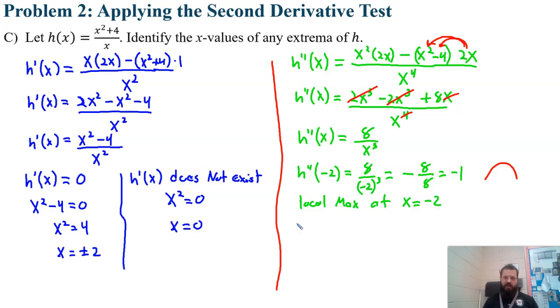And then we can do the same thing with h double prime of positive 2, which would be 8 over 2 to the 3rd, which is just 8 over 8, which is a 1. Second derivative is positive, meaning that function is concave up at that point, meaning we have a local min at x equals 2.